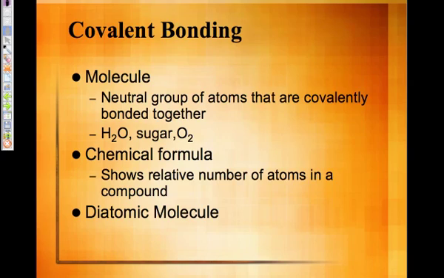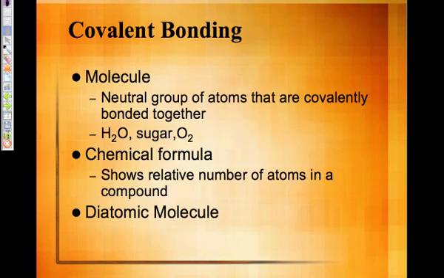And those 7, there's 2 different ways we can remember these because you need to know them. We can start at element number 7, which is nitrogen, and then draw 7 on the periodic table. So nitrogen, oxygen, fluorine, chlorine, bromine, iodine. But then hydrogen is just kind of an oddball out, kind of out there on its own. So we have those 7: nitrogen, oxygen, fluorine, chlorine, bromine, iodine, and hydrogen.